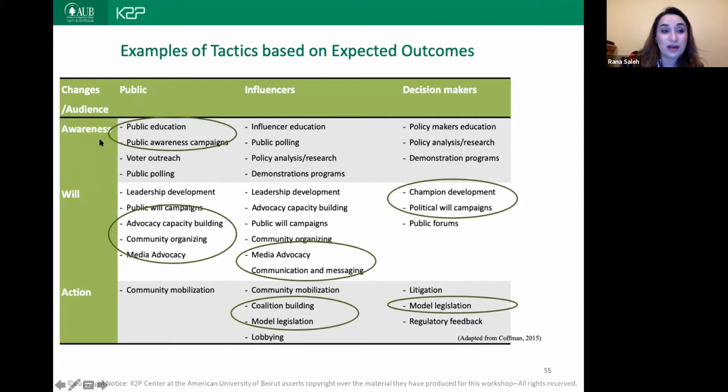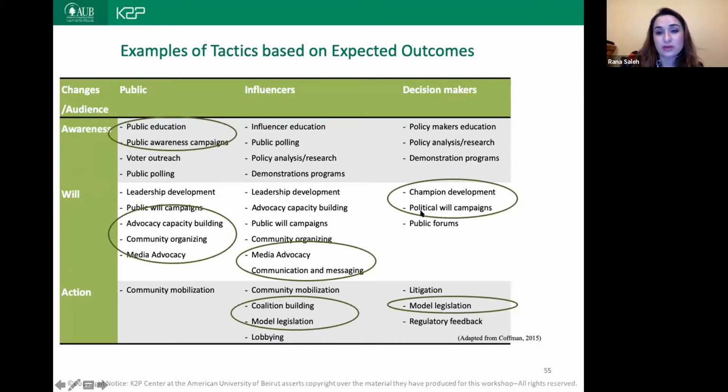What we aimed for with the public is awareness, and also probably some media advocacy and community organization. For the influencers, media advocacy, coalition building, and model legislation. Model legislation is when you develop your policies with them, and ideally that's what we were working on in our policy brief, where they were engaging with us from day one in its development.